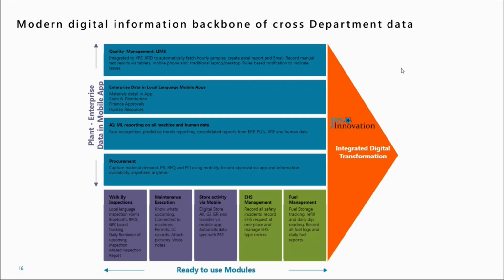So these are some of the example points here. These are ready-to-utilize modules. It takes just a few weeks to get the benefit of the technology and have it deployed at your plant level.